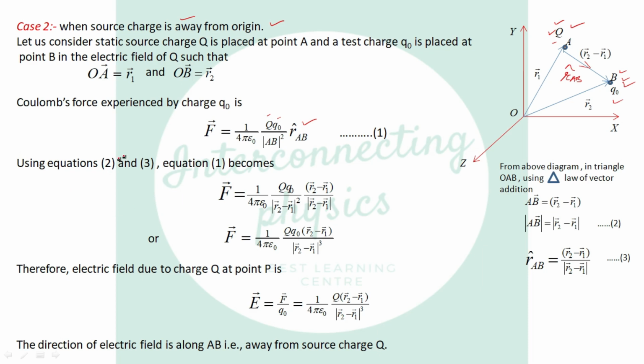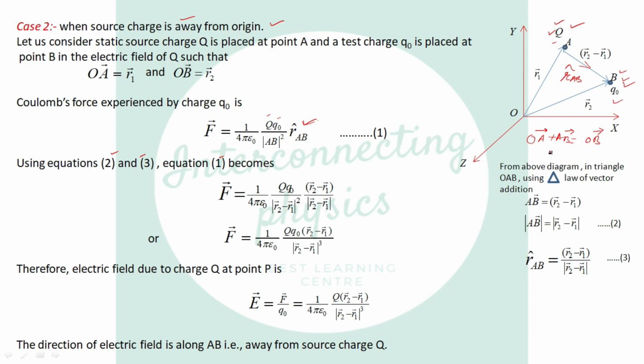Now, using equation 2 and 3 in equation number 1 means we have to apply the triangle law of vector addition in triangle OAB. Then we will find the value of R unit vector. So OA plus AB vector equal to opposite vector, that is OB vector.